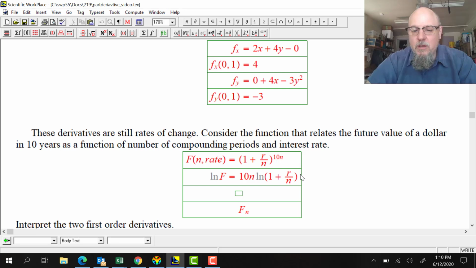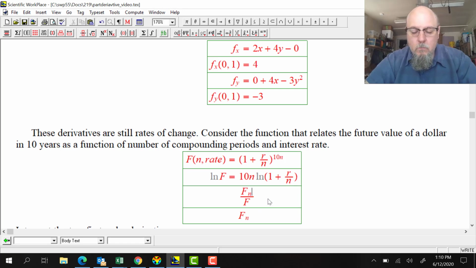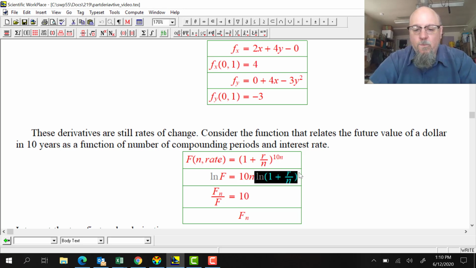Now when I differentiate, I'm differentiating with respect to n, and r is a constant, so that's like implicit differentiation here. The derivative of ln f is 1 over f times the derivative of f with respect to n, equal to, now I have to differentiate the right-hand side. So product rule: derivative of the first, leave the second alone.